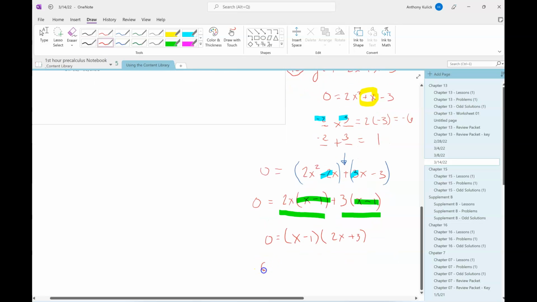So now that we have this factored, we can apply the 0 product property, setting each equal to 0. So when I do that, I get 1 and -3/2. Is that okay?